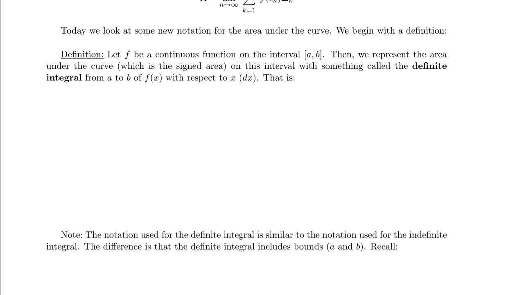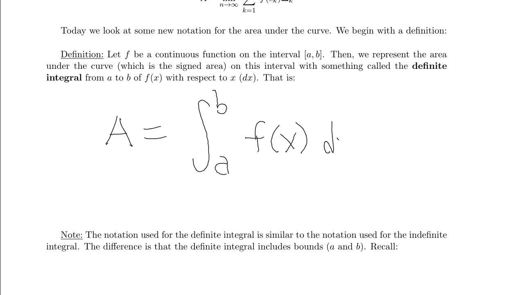So the way that we write this is that the area A is equal to the integral from a to b, so you put the smaller number on the bottom, of f of x dx.